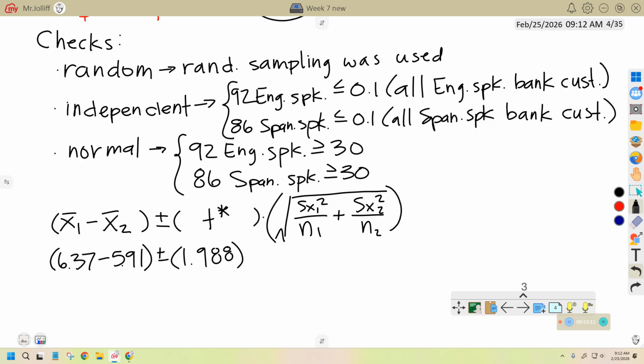It's nice when my brain remembers things. Times square root. I didn't really leave myself a whole lot of room here. 0.60 squared over 92, plus the next term over 86.